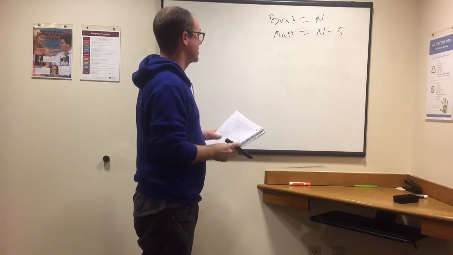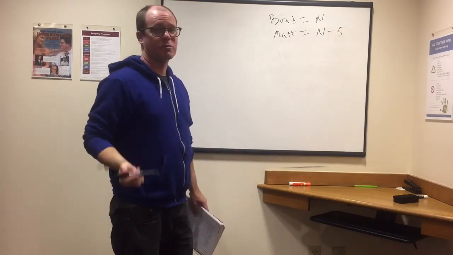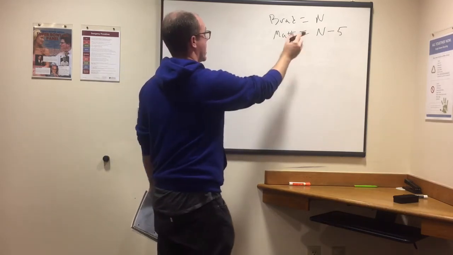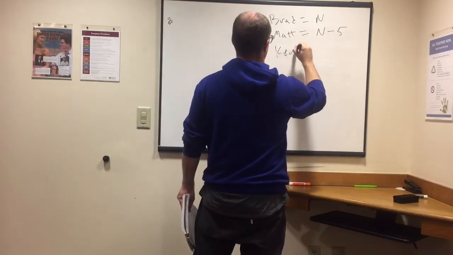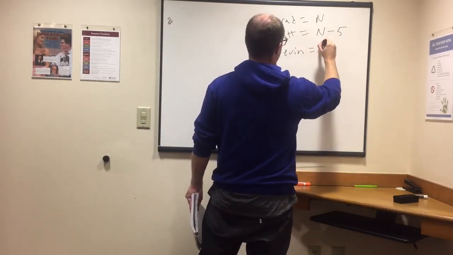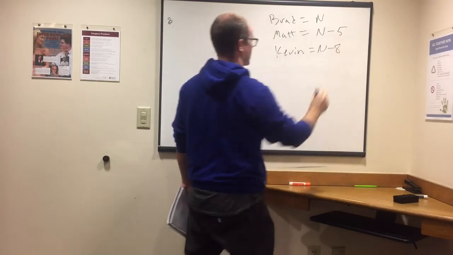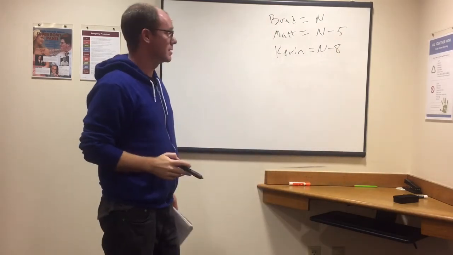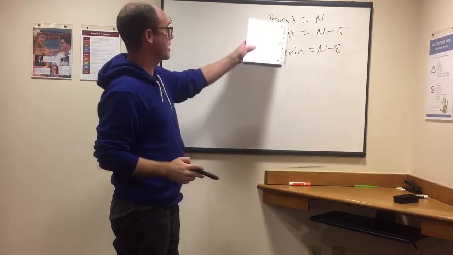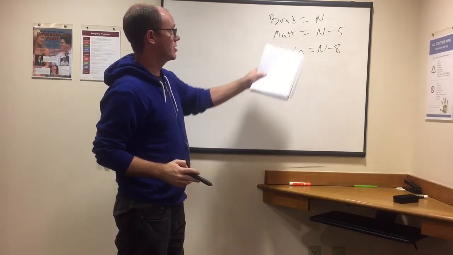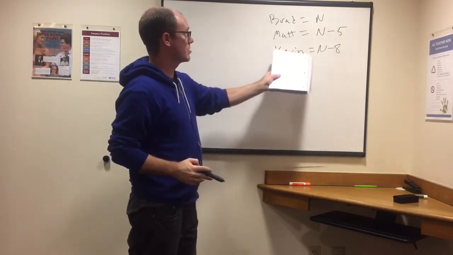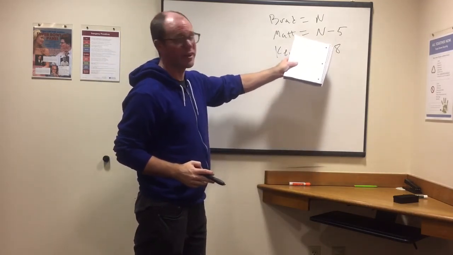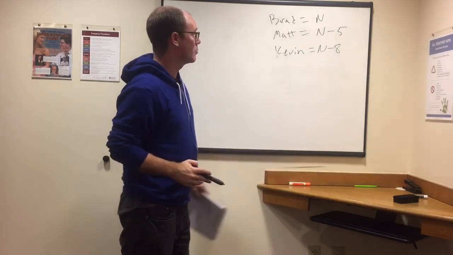And then it said Kevin is 3 years younger than Matt. So if Matt is N minus 5, Kevin will be N minus 8. Does that make sense? Brad is N, Matt's 5 years younger, N minus 5. Kevin is 3 years younger than Matt, 5 plus 3 is 8, N minus 8.